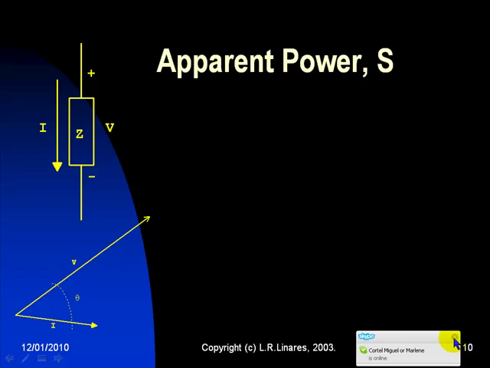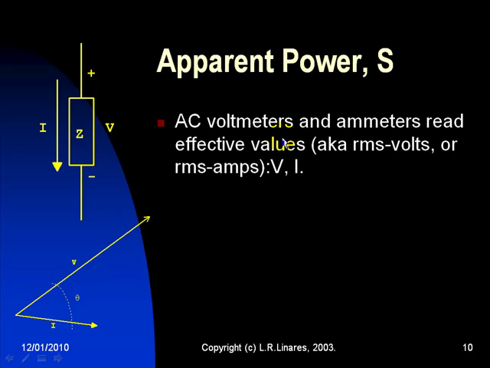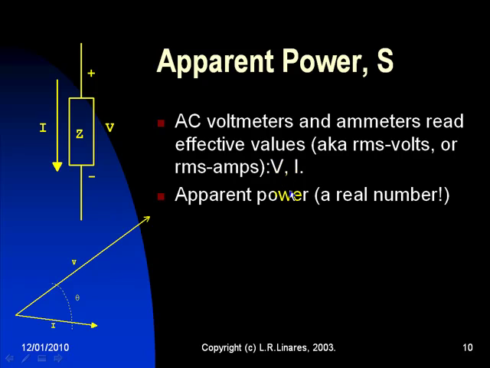Oh, yeah, right. Let's introduce now the concept of apparent power, represented with the uppercase letter S. AC voltmeters and ammeters read effective values, RMS volts and RMS amps, V and I. Apparent power is a real number. It's just the multiplication of the reading of the voltmeter times the reading of the ammeter.